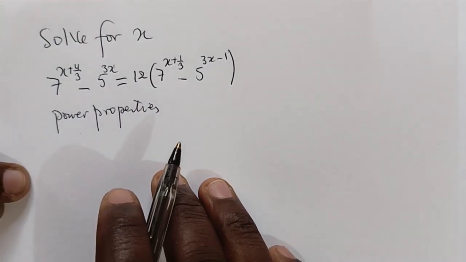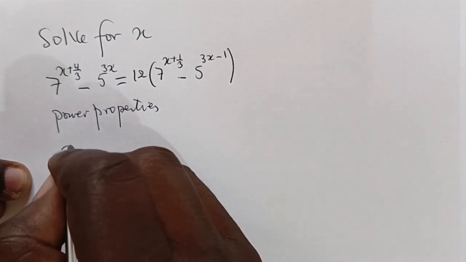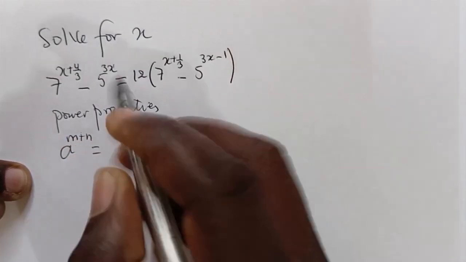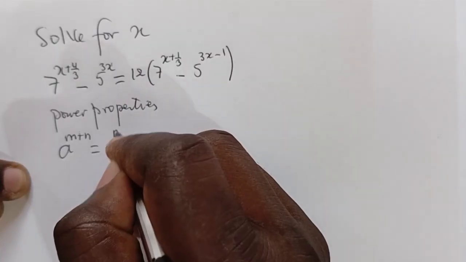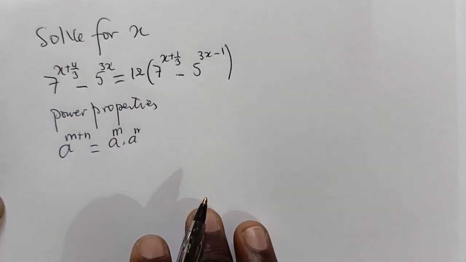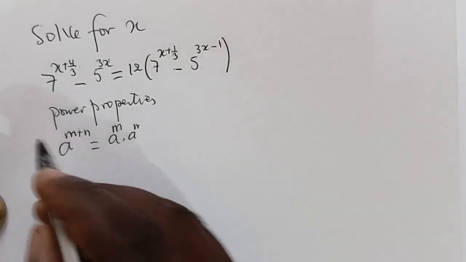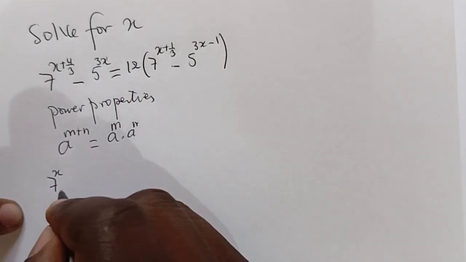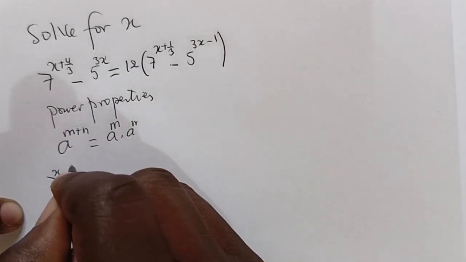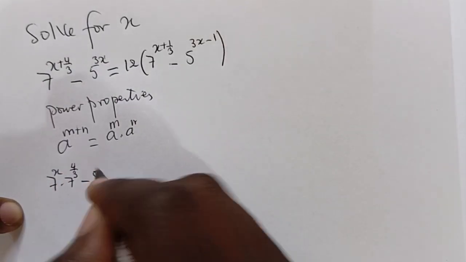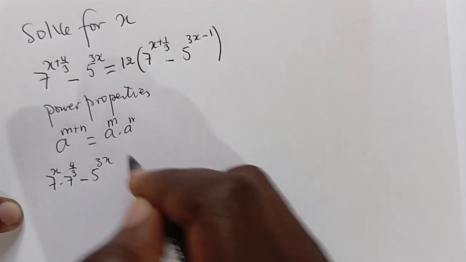I will remind you then, when having a to the power of m plus n, this is a to the power of m times a to the power of n. Now, that is clear that we have 7 raised to x times 7 raised to 4 over 3 minus 5 raised to 3x.